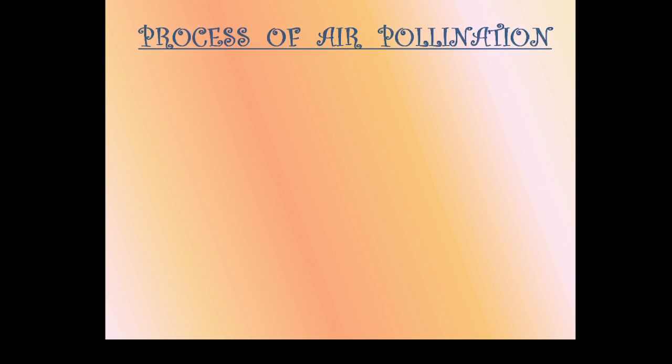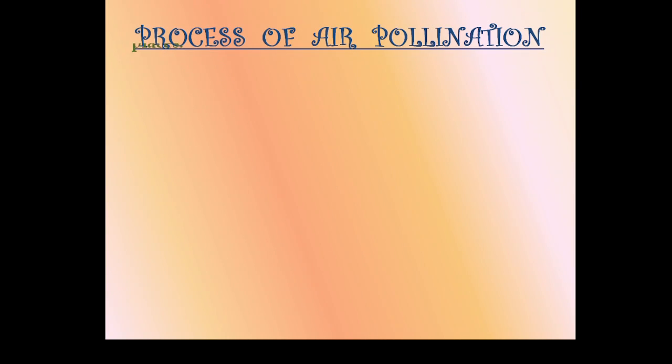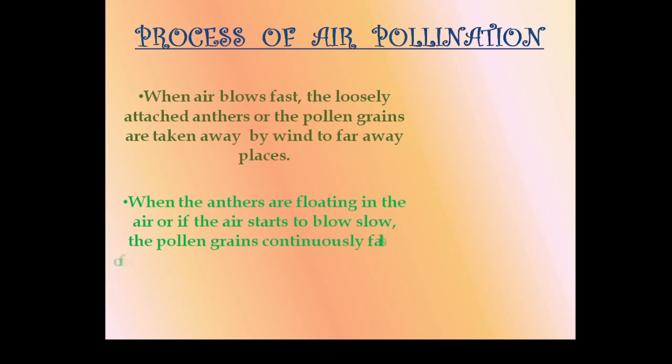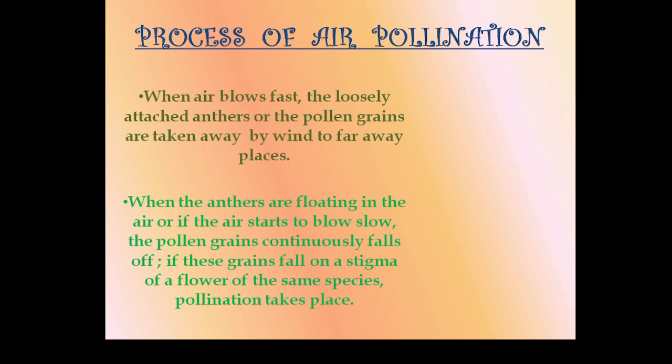Next, you'll see the process of air pollination. When air blows, first the loosely attached anthers with the pollen grains are taken away by the wind to faraway places. When these anthers are floating in the air, or if the air starts to blow slow, the pollen grains continuously fall off. If these grains fall on the stigma of a flower of the same species, pollination will take place.